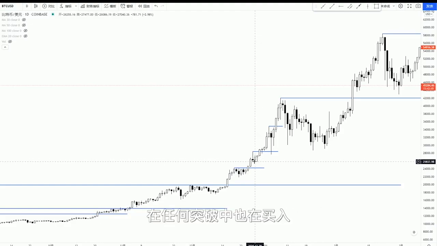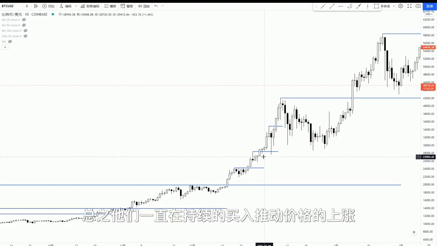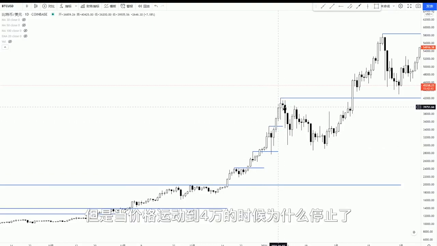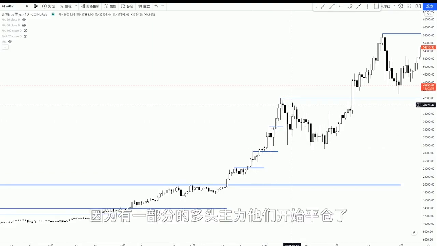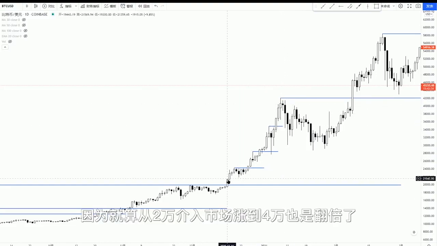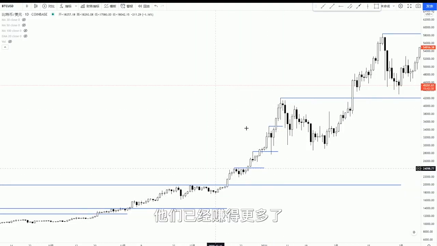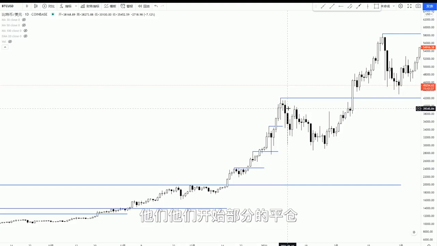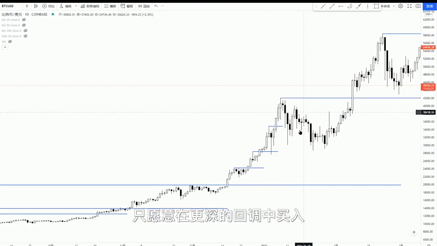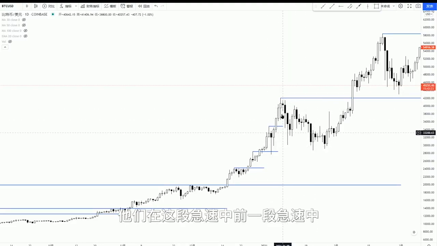Because some of the main bulls are starting to close out their positions, because going from 20,000 to 40,000 they would have doubled their money. They are partially unwinding their positions. In the previous rush they bought into any pullback, and from now on they're only willing to enter into a deeper pullback.